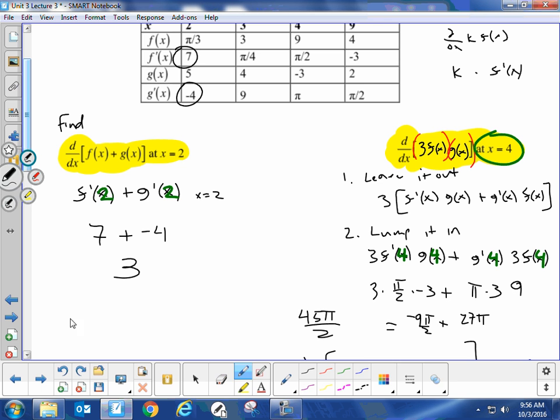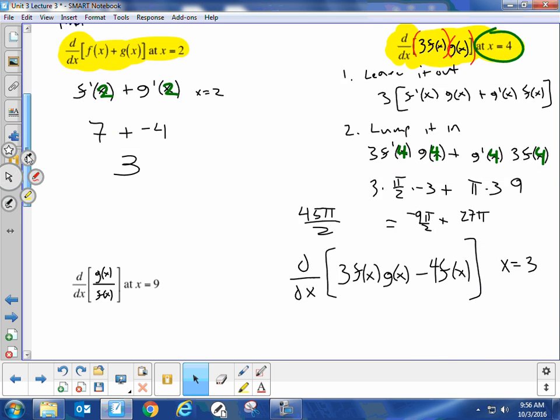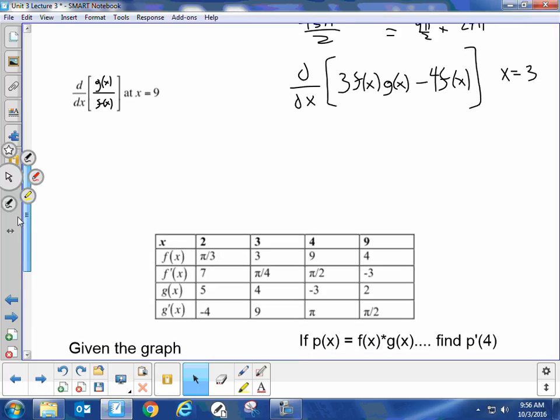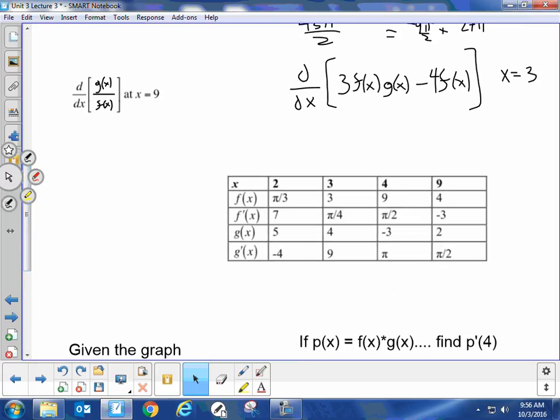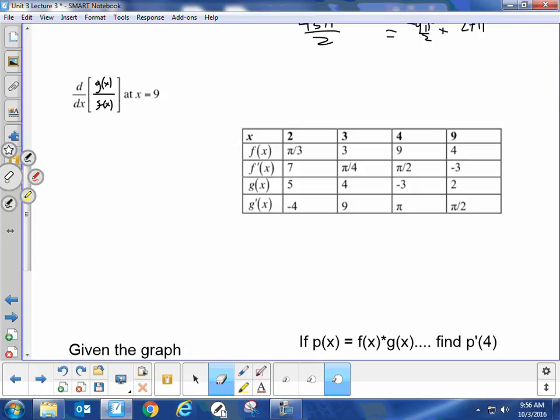All right, your turn. Now I'm going to give you a quotient, and I'm going to try to trick you. So we'll just do this one on the left. Let me give you a number as well: 2 g of x over f of x at x equals 9.